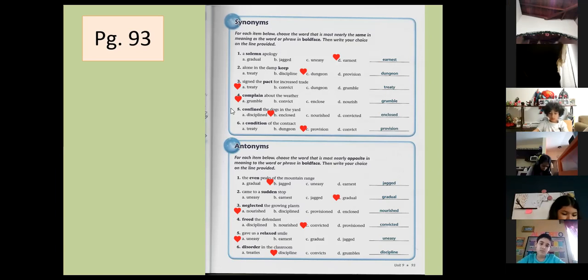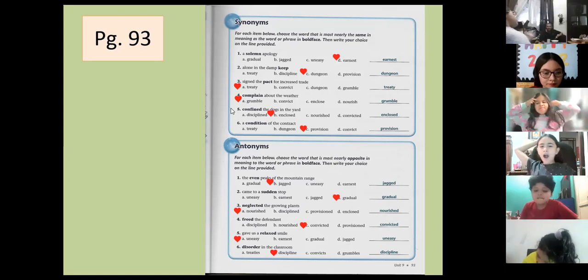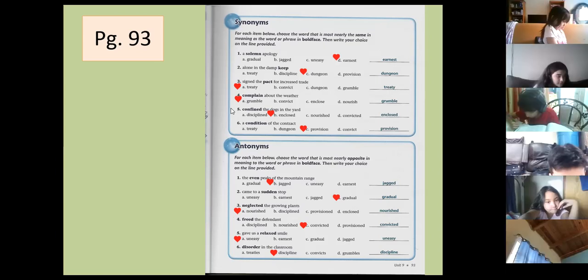Andrea? Yes. In page 94, the next page, you have to complete the sentence. You have to use the words there that you have, the vocabulary that is the same that you have here: earnest, dungeon, treaty, grumble, close, provision, according to the sentence. So we need to read the sentence to match the best answer in each of them.